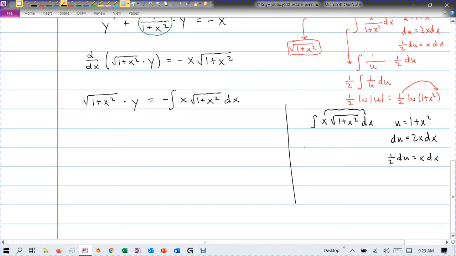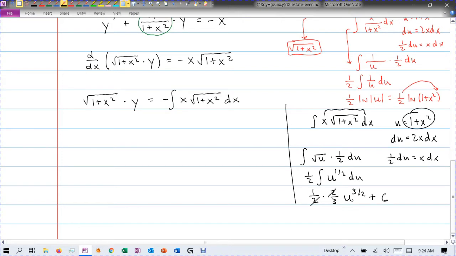So when I rewrite this integral, I'll have square root of u times half du, and then that's 1/2 integral of u to the half du, and then the antiderivative of that is going to be 1/2 times 2/3 u to the 3/2 plus some constant, and then remember u is actually 1 plus x squared.